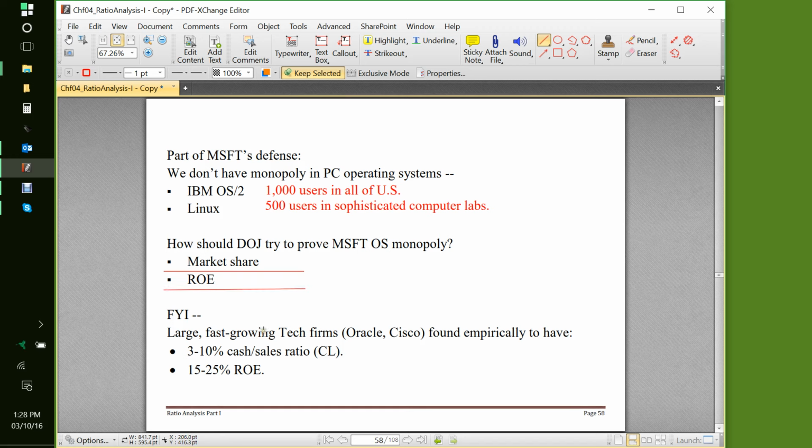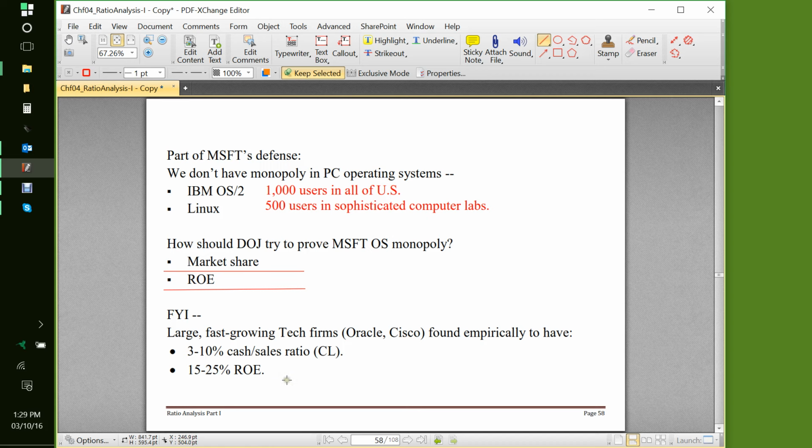Before we get there, let me let you know a couple of things that come from experience that you will gain as you go on in finance and don't have yet. In general, for large, fast-growing tech firms, at the time firms like Oracle and Cisco, they're found empirically to have cash-to-sales ratios of about 3 to 10%, and ROEs of 15 to 25%.